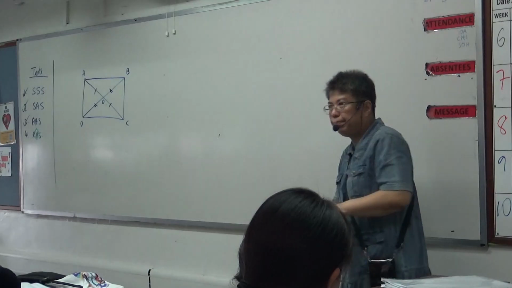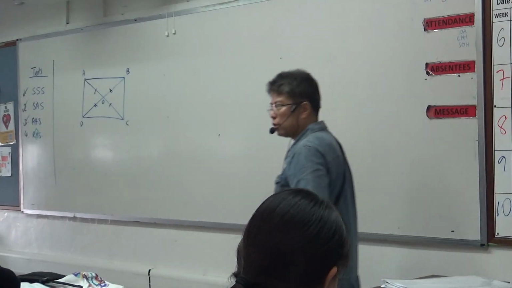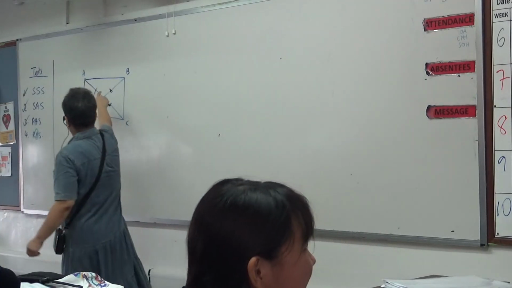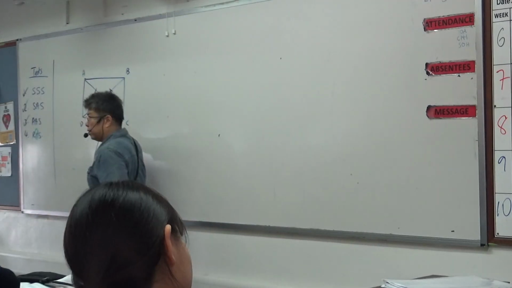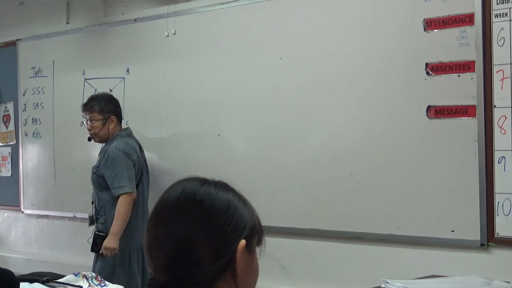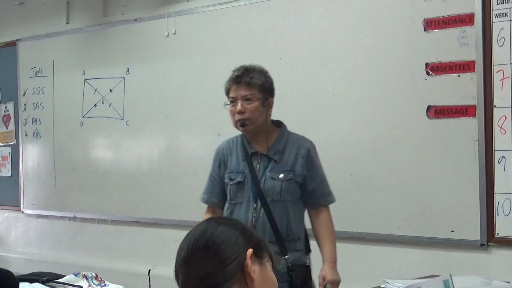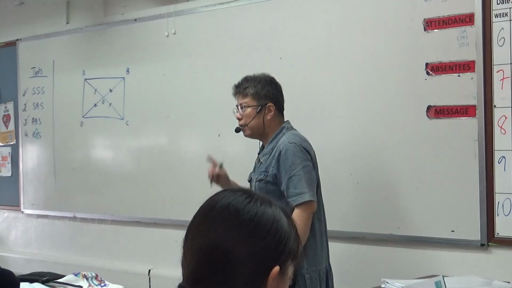Okay, all of you look up. You want to prove that this triangle is congruent to this triangle. Now, did they even tell you it's a rectangle? No, you cannot assume. If people never tell you, you don't go assume, okay?